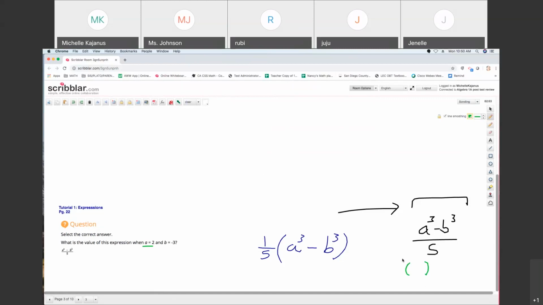Instead of writing it as A cubed, I'm going to write it as 2 cubed minus, and then instead of B, I'm going to check what B is, and they also give us that it's -3 cubed. I'm going to do that, and then I'm going to divide by 5.